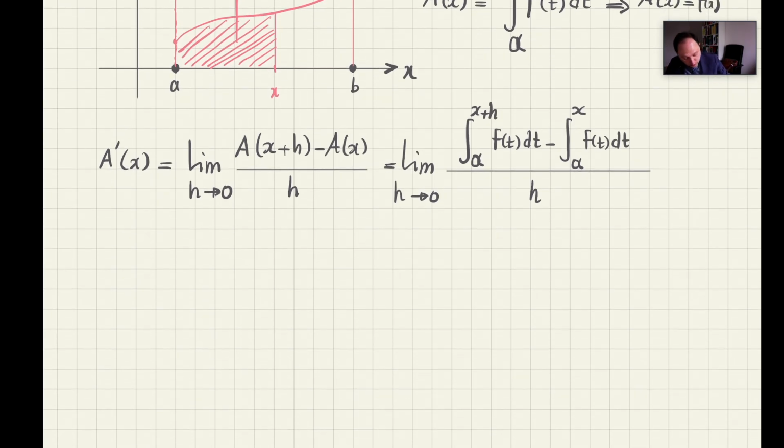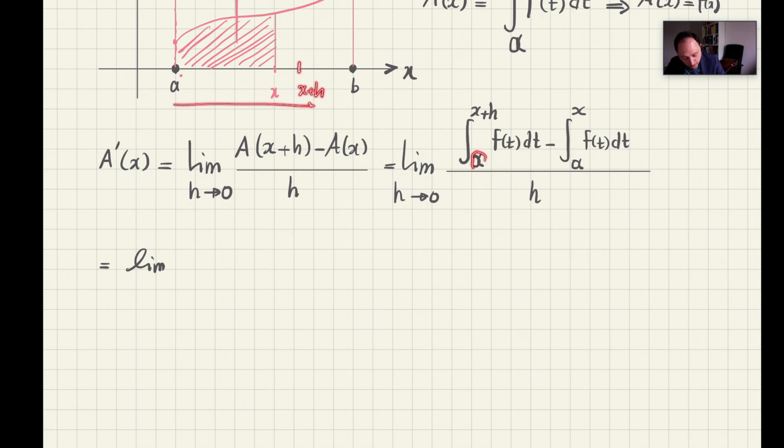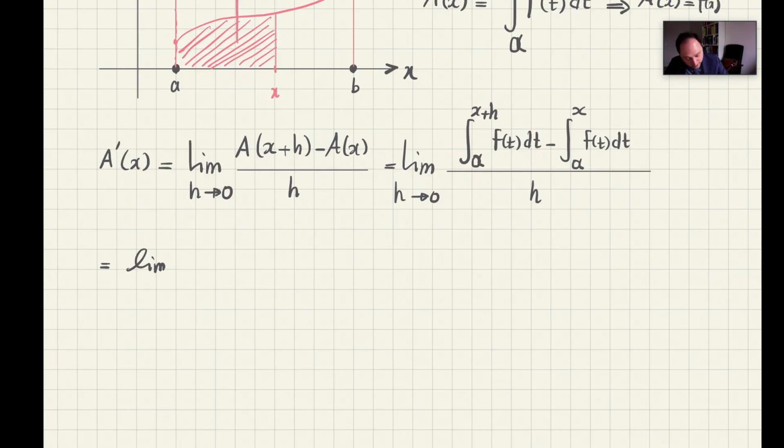Okay, so let me do it in this way. So this becomes the limit. Instead of going, so where is x plus h? Of course, it is not clear. Might be h is positive or negative. But let us assume that x plus h is here. So instead of going from a up to here, I go from a to x and then from x to x plus h. So this integral can be decomposed as a sum.